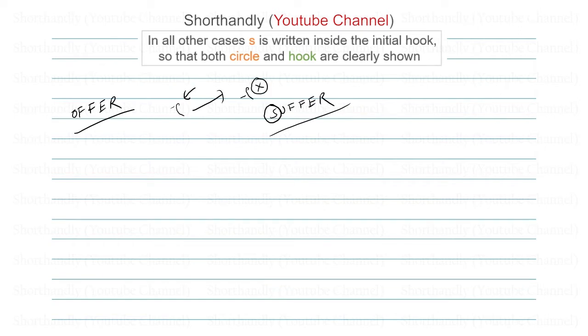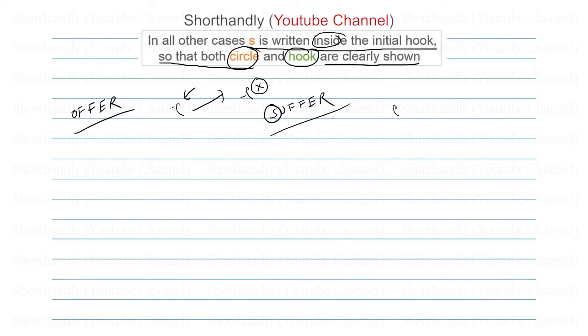This will be wrong because, as you can see, the statement says S is written inside the initial hook, so that both circle and hook are clearly shown. So we have to make this word in a way so that we can see both circle and the hook.